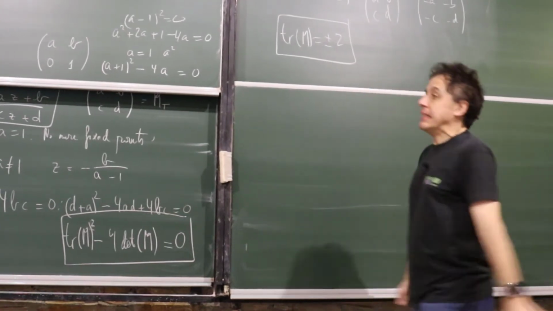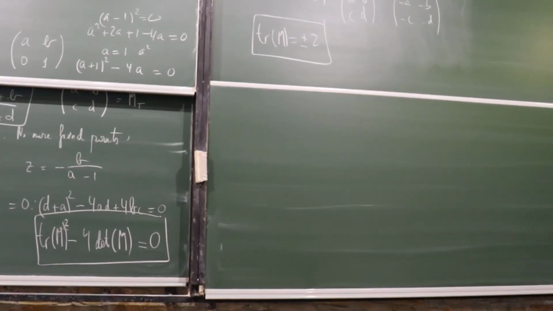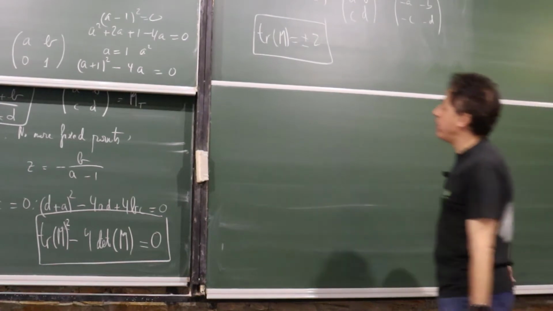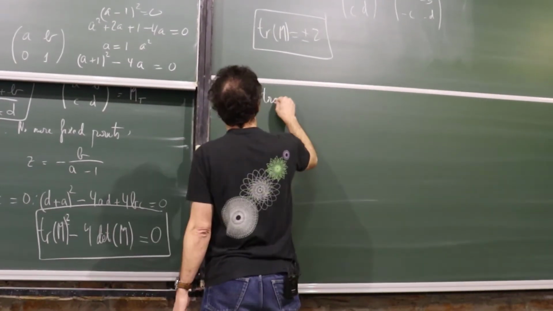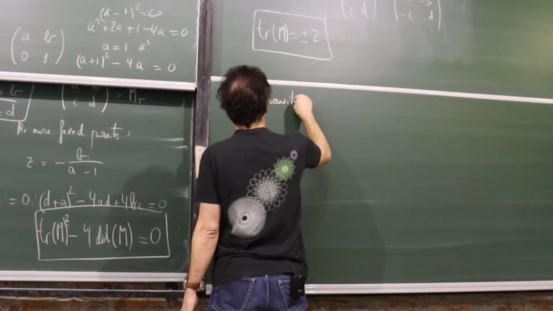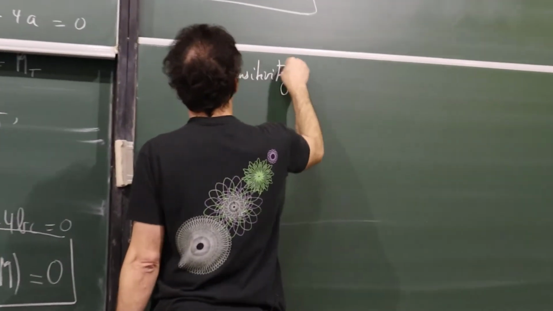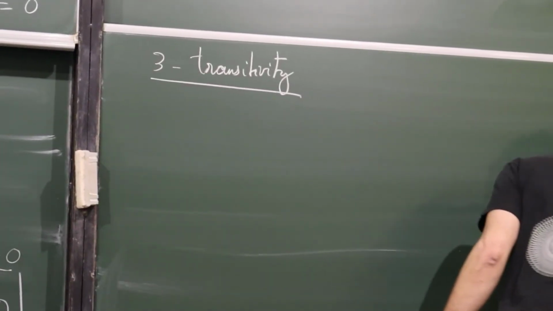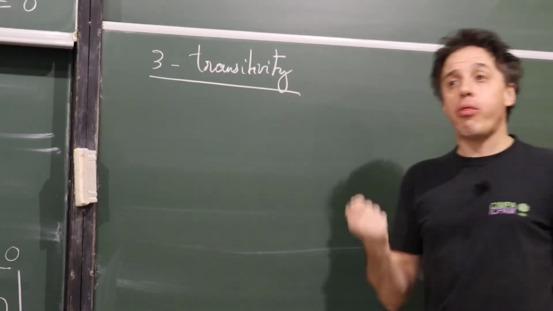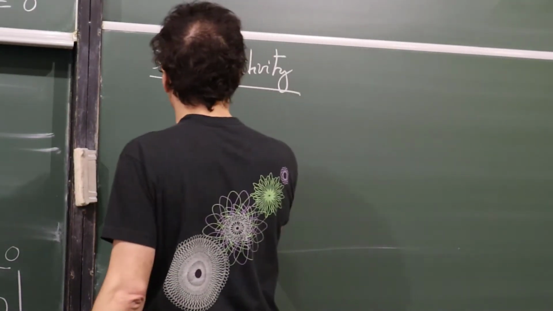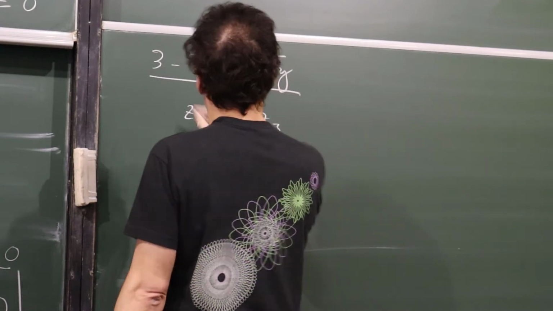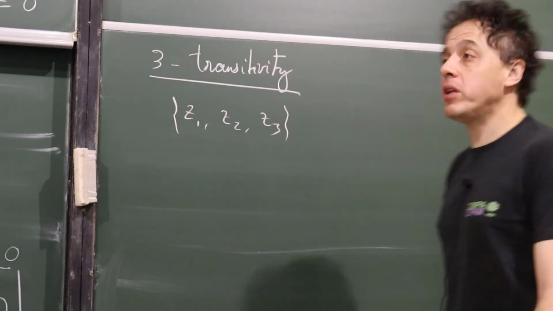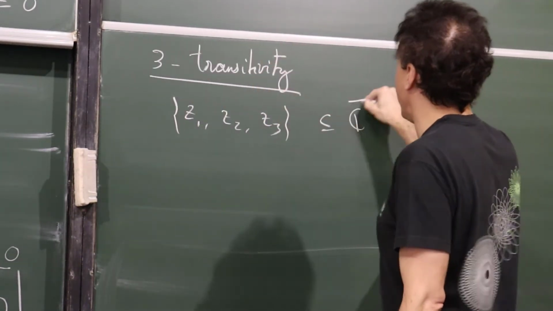Second, another property is what is called three transitivity. Three transitivity means the following. Consider three different points Z1, Z2, Z3 on C bar.